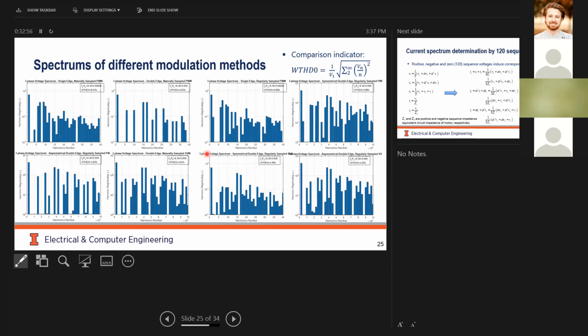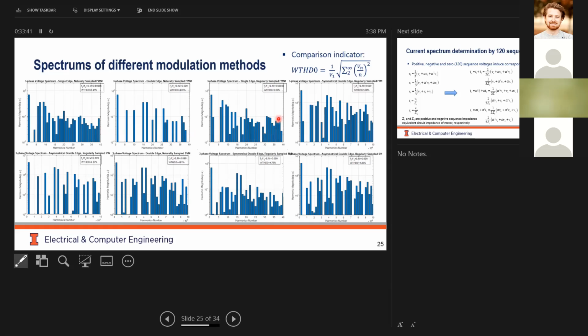Maybe we want to do a little comparison between different modulation methods. Here we use an indicator called weighted THD, which is the harmonic voltage divided by its order. This number is similar to the harmonic current amplitude, because V divided by X gives current, and X is proportional to omega times L, where the frequency is proportional to the order of the harmonic.